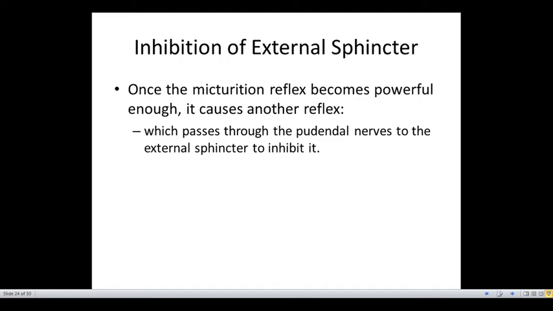Once the micturition reflex becomes powerful enough, it causes another reflex which passes through the pudendal nerves to the external sphincter, to inhibit it, that is, to relax it.